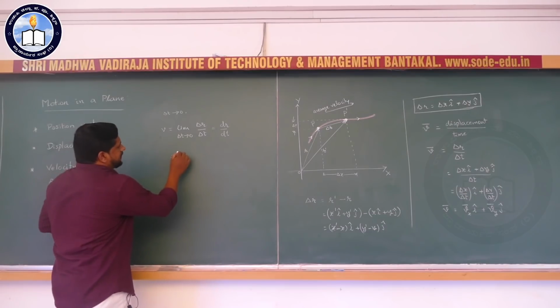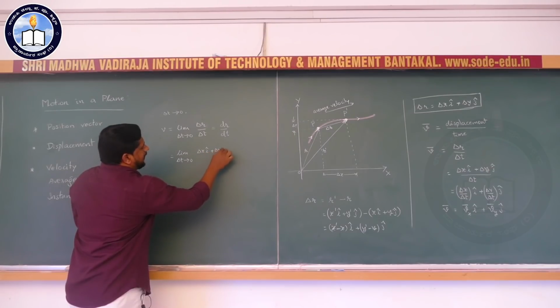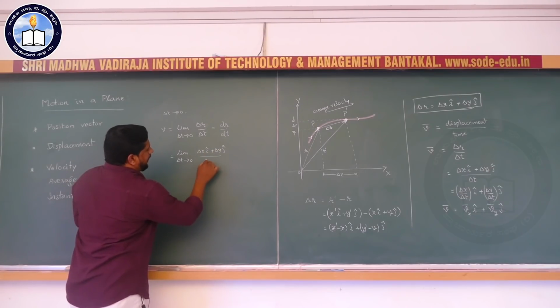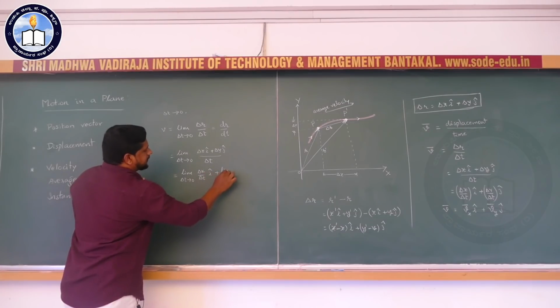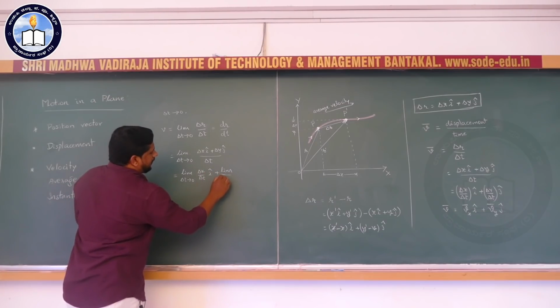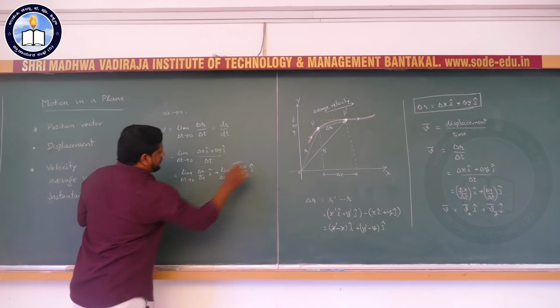In this case, limit delta t tends to 0, delta r is delta x i cap plus delta y j cap divided by delta t. This is limit delta t tends to 0 delta x by delta t into i cap plus limit delta t tends to 0 delta y by delta t into j cap.